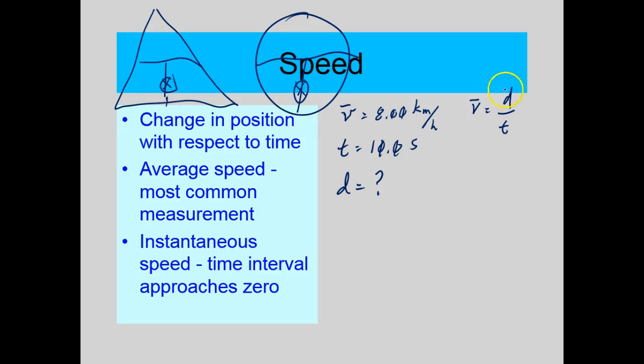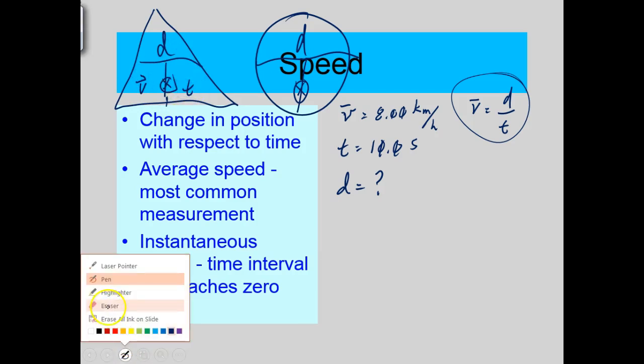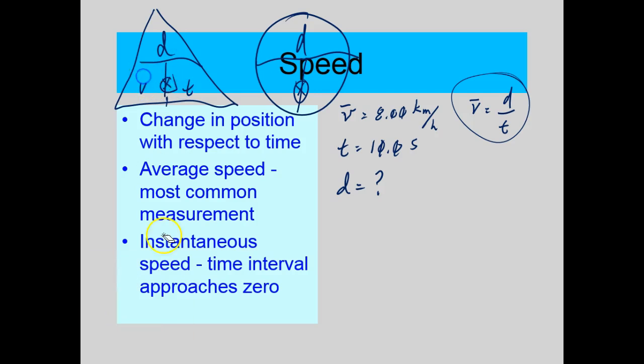Since this is your formula, D is above the dividing line. So put the D up here. And then you have V, average speed, and time. Oops, I put a vector velocity there. That's the average speed. Average speed here, time here.